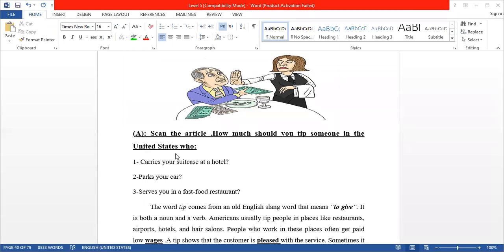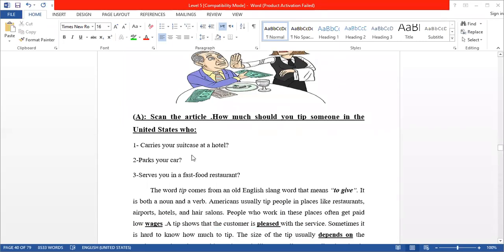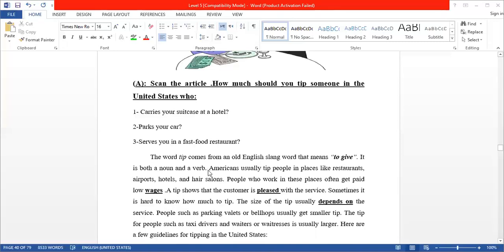These are 3 questions. We are going to answer these 3 questions after we read this topic or this article.